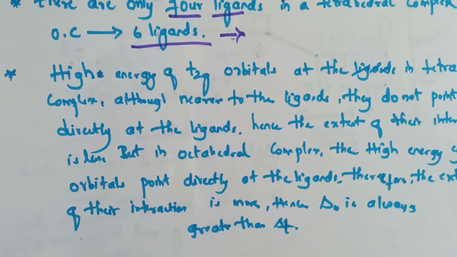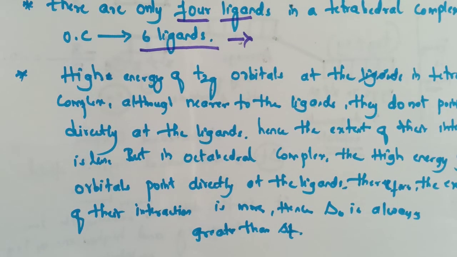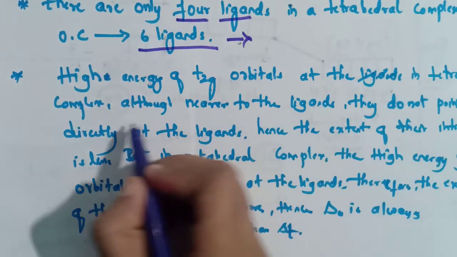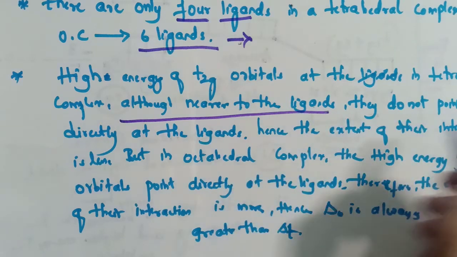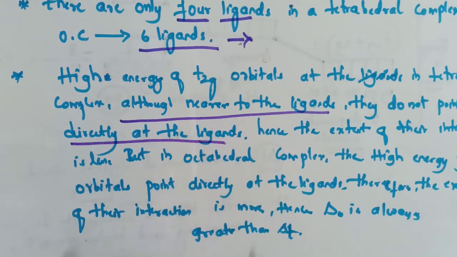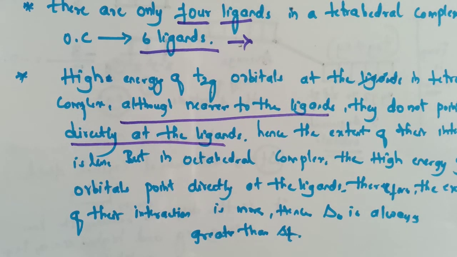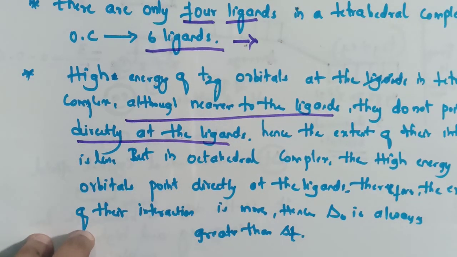When considering the second point, the high energy T2 orbitals in the tetrahedral complexes, although nearer to the ligands, do not point directly at the ligands. Even though they are having higher energy, they are not directly pointed at the ligands.